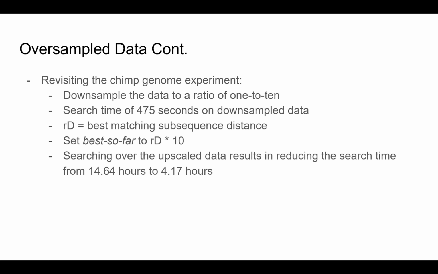As a result of this, searching over the upscaled data reduces the search time from 14.64 hours to only 4.17 hours. By running the search over downsampled data and upscaling the result, we can significantly speed up search times, which can prove to be useful in many real-world scenarios where data is oversampled.